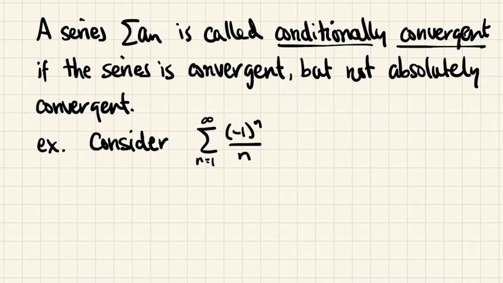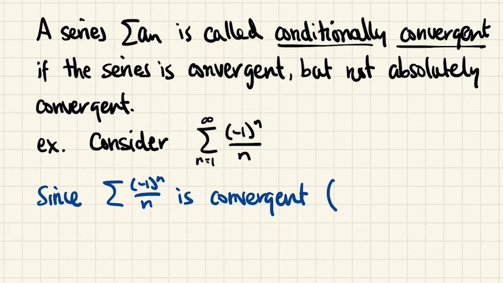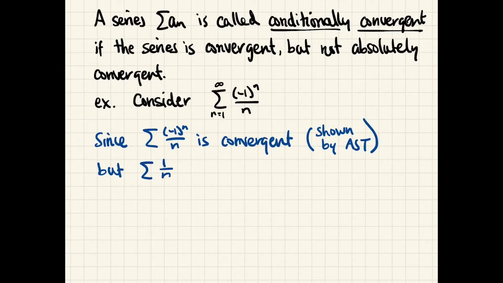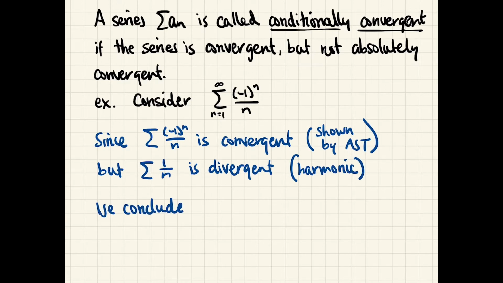So again, this is an alternating series, and we can show that by the alternating series test, this series is convergent. However, the absolute version of that series would simply be the series 1 over n. And we know that that series is divergent. Why? It's harmonic. So we would conclude that this series here is conditionally convergent.